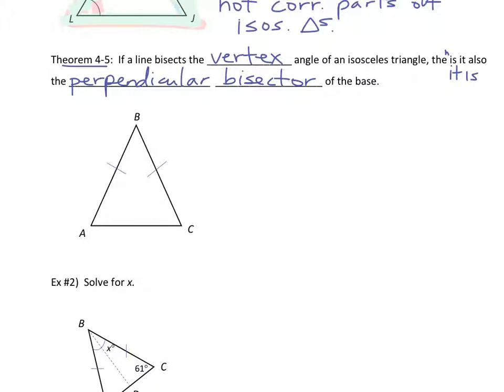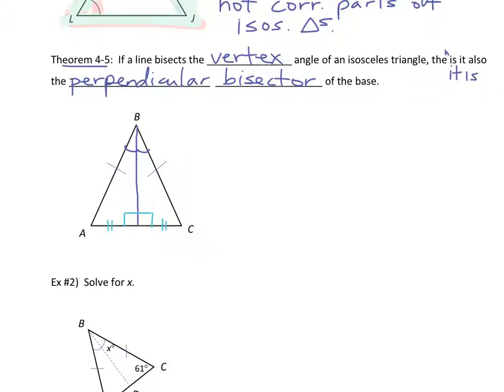Okay, so here's what this is saying. If I were to draw in the bisector of angle B up here, my vertex angle, if I cut it in half like that, this looks just like what I showed you earlier, the proof of why the isosceles triangle theorem worked, right? What they're saying is this then has to be perpendicular, and this bottom piece is going to get bisected.